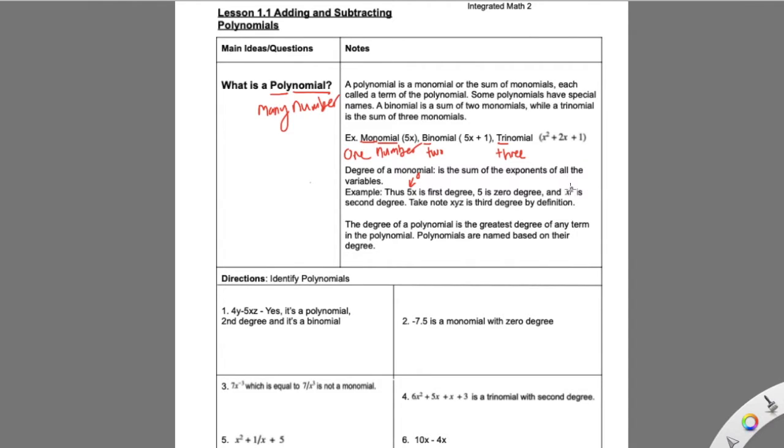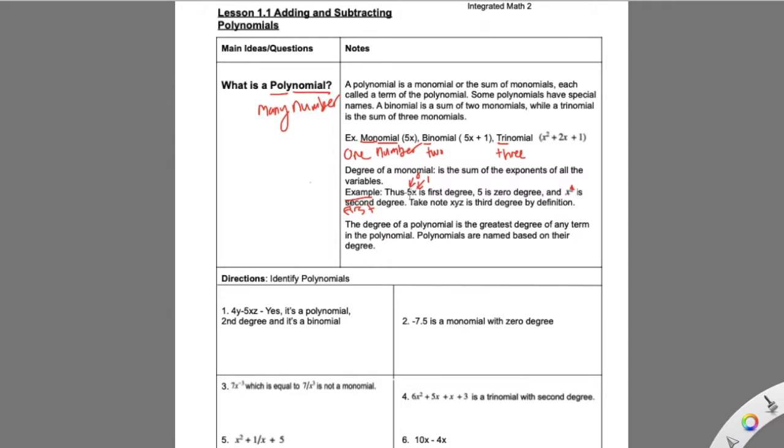Oops, I think they just meant x is first degree. That was just a typo there. Because we're talking about 5x here. They accidentally did x squared when they typed this up. So this has a degree of 1, meaning it has an exponent of 1.